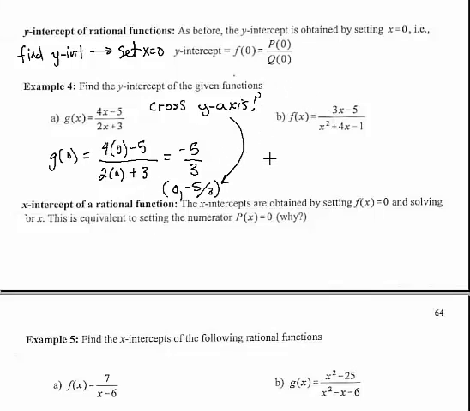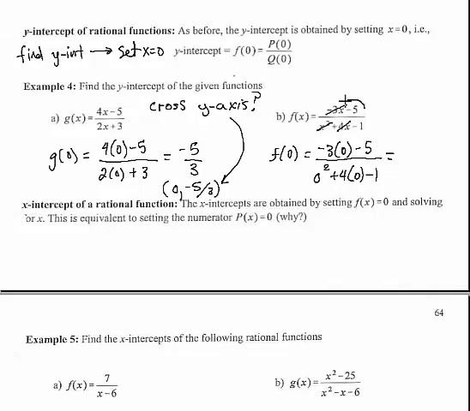So what about f? f of 0 is 0 minus 3 times 0 minus 5, and then 0 squared plus 4 times 0 minus 1. Well, any term that has an x is basically going to get knocked out when I put in x equals 0.